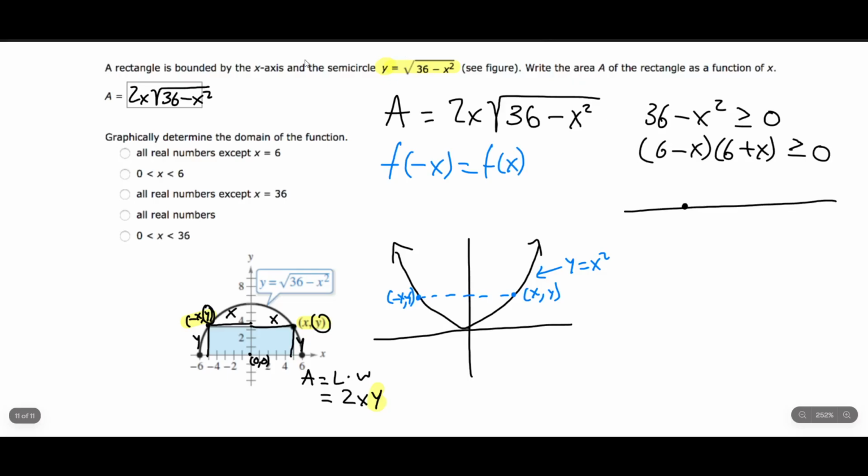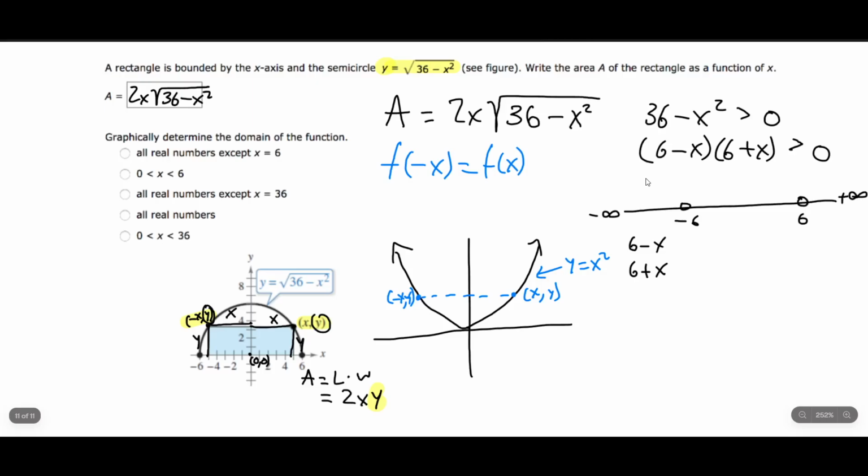But technically, it's an open interval here, so because of the answer choices, they don't support that entirely. This should be negative 6, this should be 6. We have the 6 minus x, the 6 plus x. This is negative infinity, this is positive infinity.